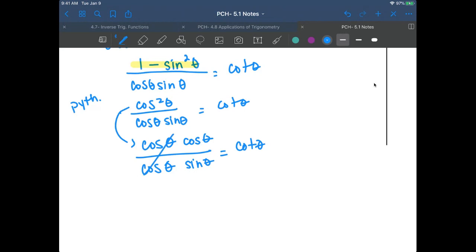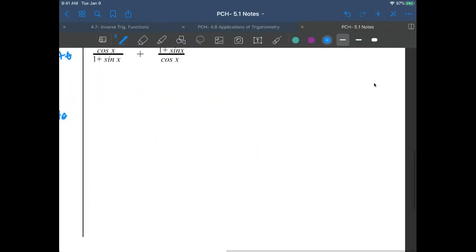Those cancel, and I can see that the quotient property of cosine theta over sine theta is cotangent theta. So the left side equals the right side. Proved. Check.